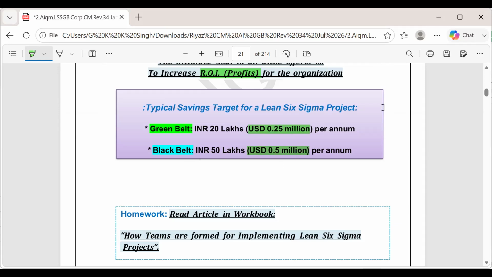The savings are calculated on a per year basis. So I will share with you one example of how we calculate the savings out of the project.